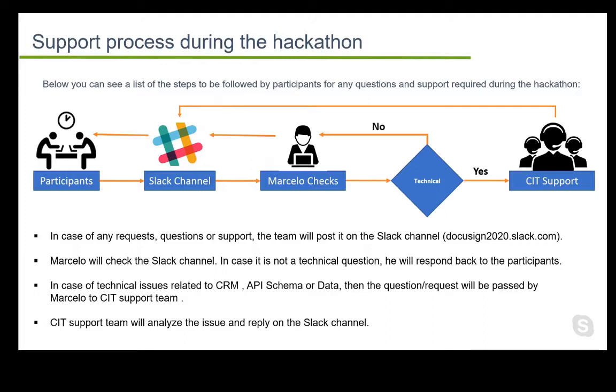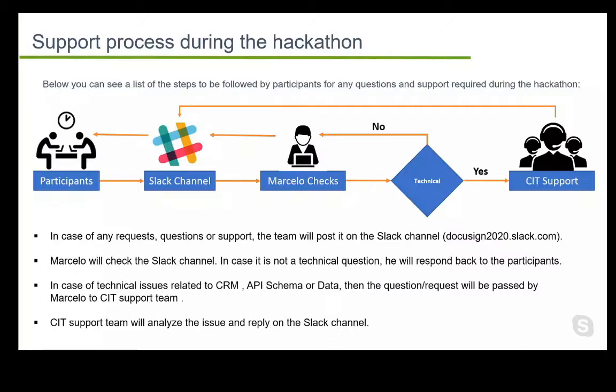So here's a quick diagram on how the process is going to work. So the participants, they will insert these questions, these requests on our Slack channel. And the first part, I will check those requests. And if it's something that we can answer right away, if it's not necessary to research something, or if it's not necessary any advanced technical details, I will reply right back to you.